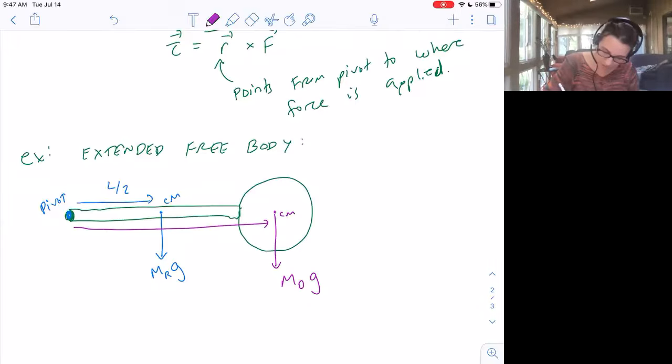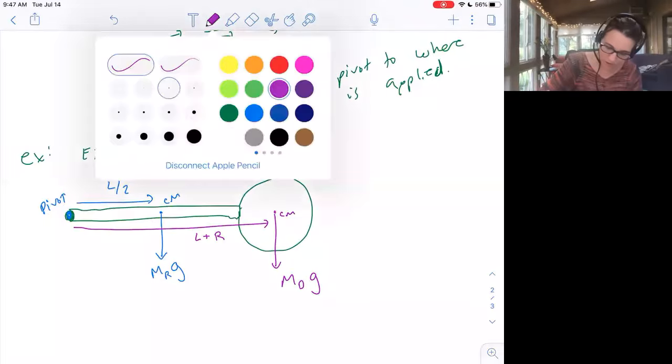So in that case, this would be L plus, and then let's just say that's the radius, so L plus some radius R of the disk, right? So you're going to have to be very careful when you do your sum of torques for some of these problems to always make sure to take it relative to the pivot.